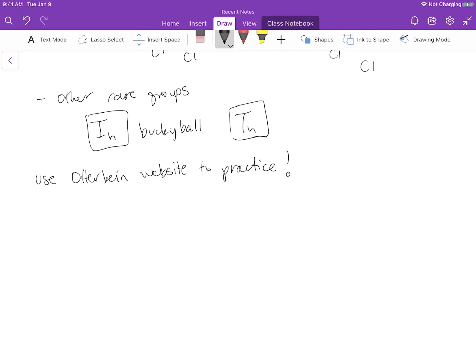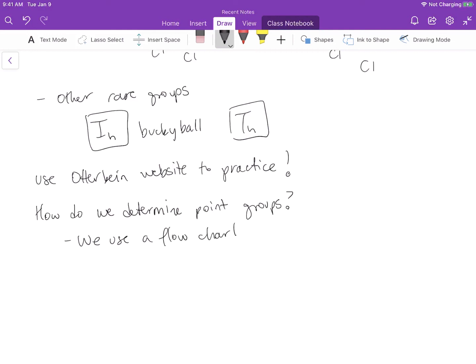And just to leave on the last note, how do we determine these? And the answer is we use a flow chart, and you're going to have to memorize this. I realize that in this class you'll have open notes effectively since we're remote, but if you aren't comfortable with it, then you're not going to be very fast and it'll cost you a lot of time.